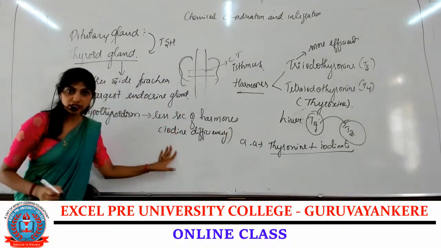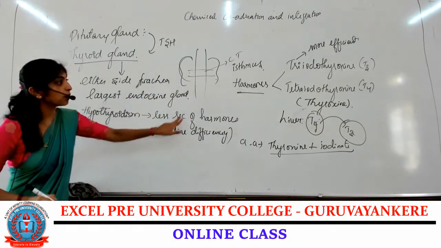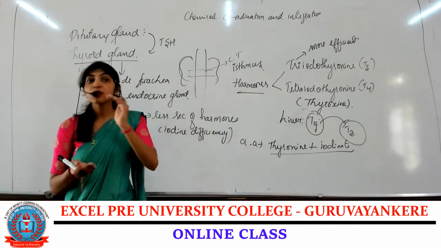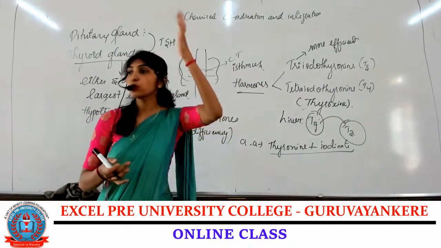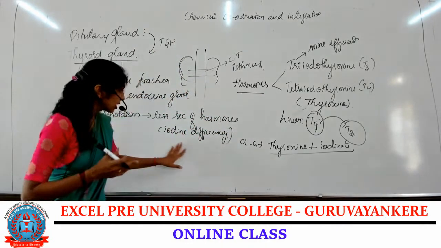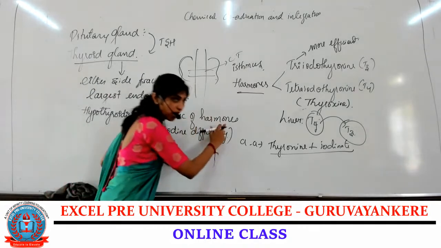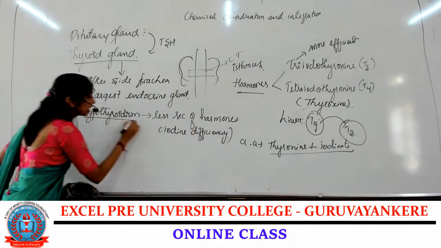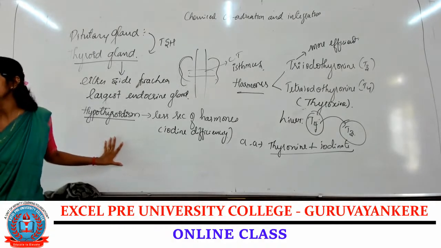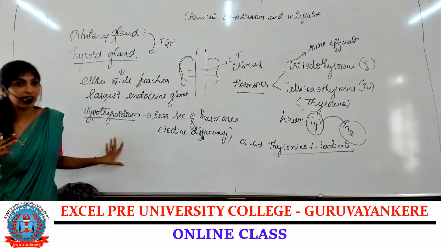What happens when there is iodine deficiency? The amount of these hormones produced will be less. If the hormones are produced in less or more than normal, that leads to deficiency or disorders. Mainly due to the less secretion of hormone, that leads to hypothyroidism. If the hormone is secreted more, that leads to hyperthyroidism.